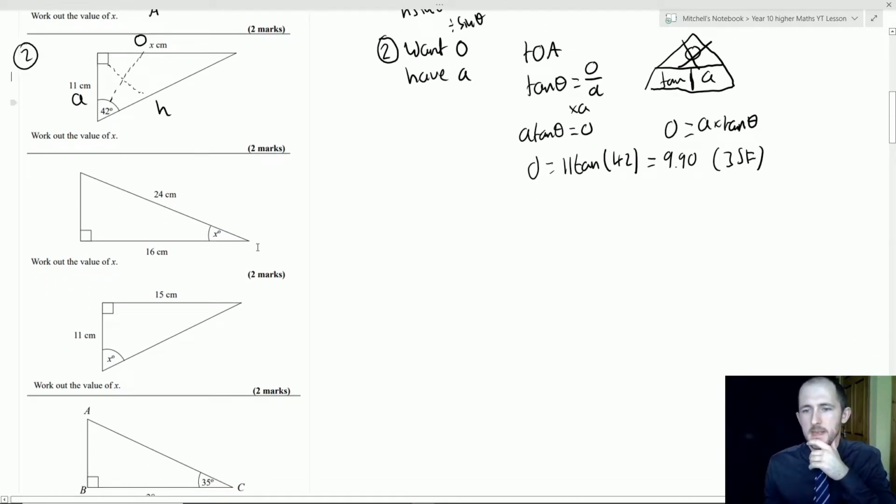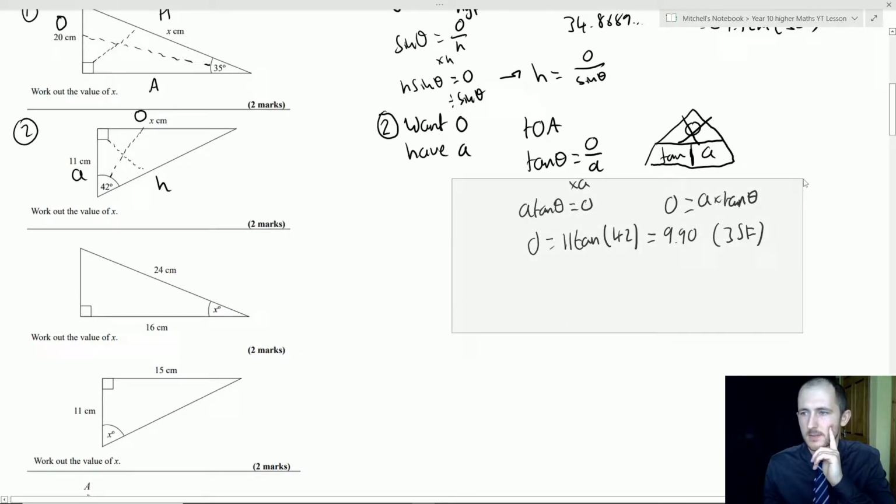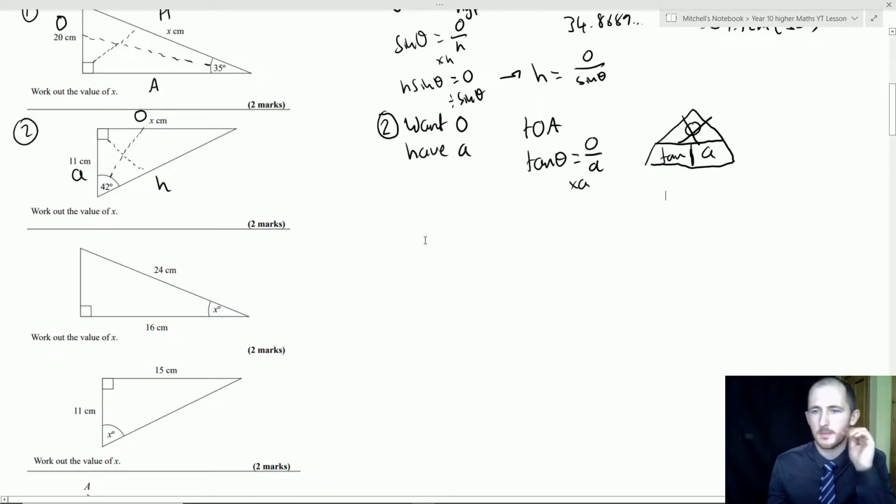For next week, I will space out the questions a bit more, so just cut up the pictures and move them around a bit. I'd recommend, if you want to go back and write down the questions just as examples, if you need to do revision or anything, that would be a good idea. But now let's do question number 3.